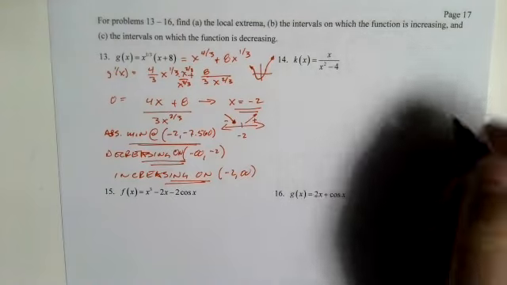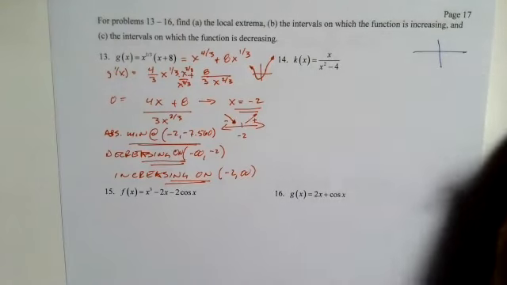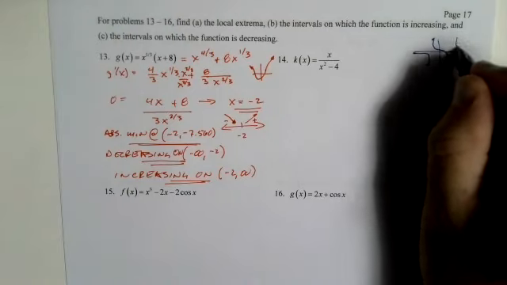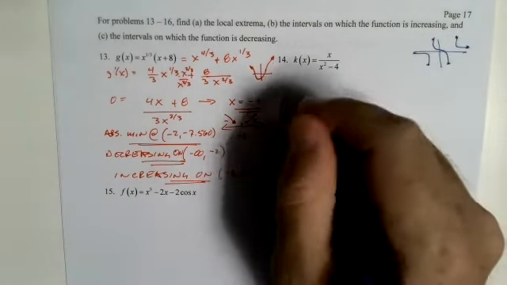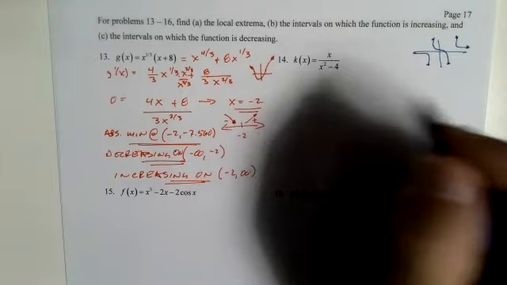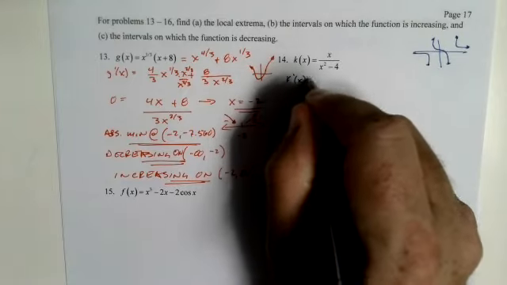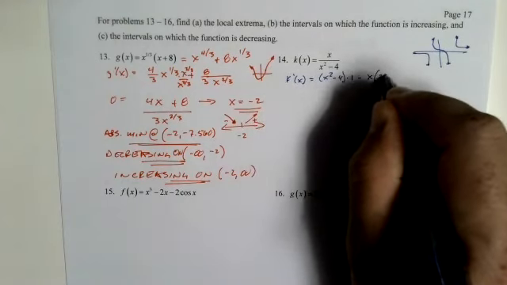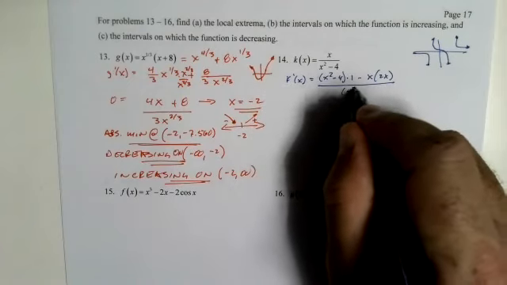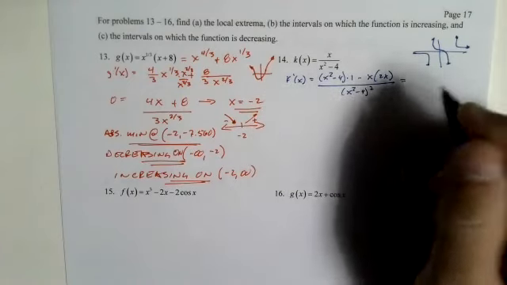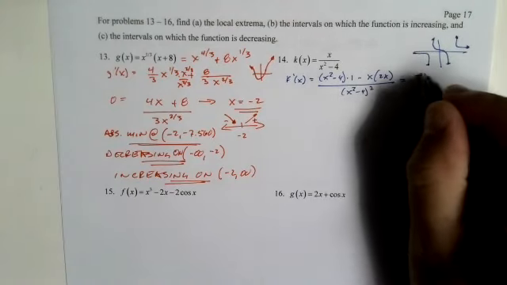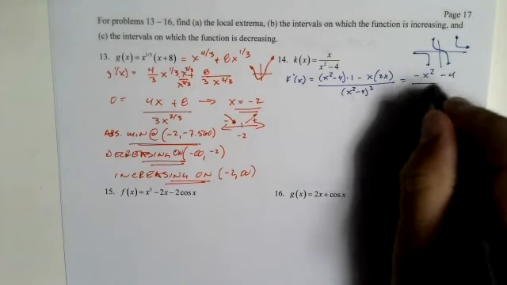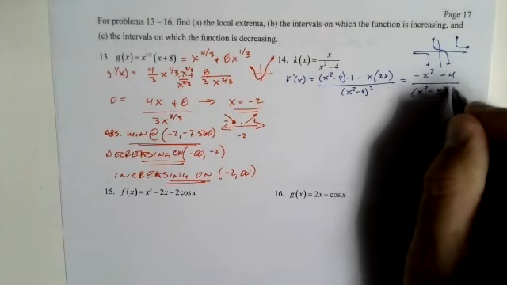X over x squared minus 4, which, if I'm not mistaken, looks something like this. k prime of x equals low d high minus high d low over x squared minus 4 squared, equals negative x squared minus 4, I think that's correct, over x squared minus 4 squared.